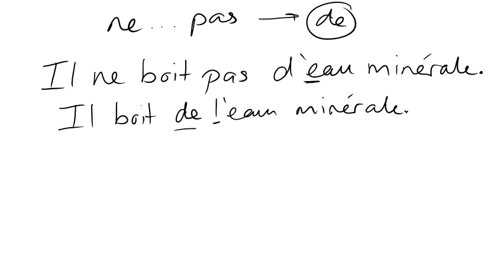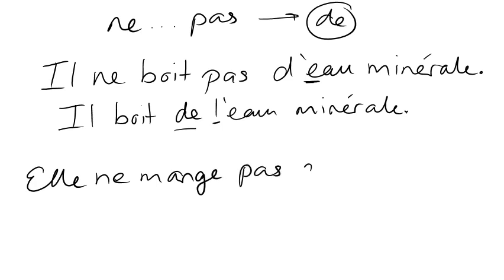Or I actually have an aunt, believe it or not, who does not like chocolate. So if I were to talk about that, I would say elle, let's use manger. Elle ne mange pas de chocolat.